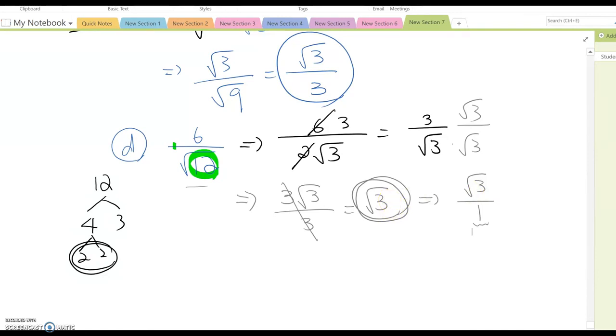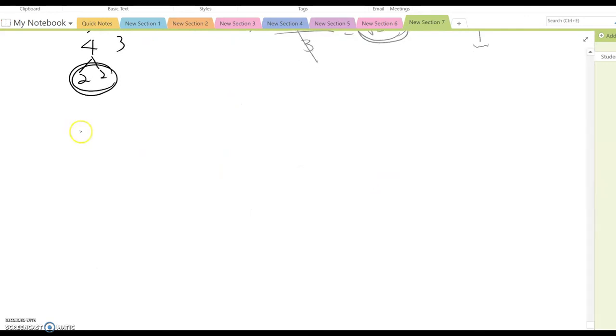What about G? G is 3 over the cube root of 5, right? You have to watch out for the cube root here. Cube root means you must complete something to the cube power. Now, we have only 5 here, the single power.